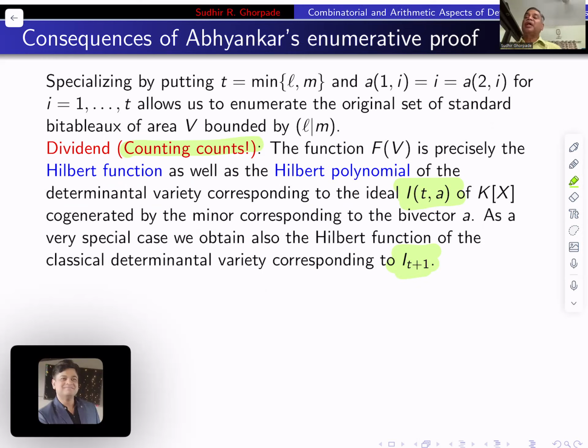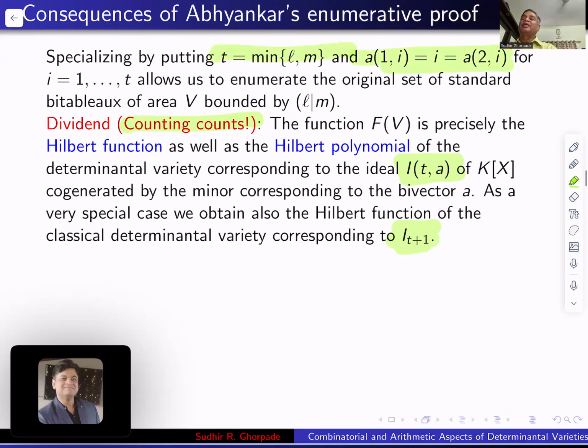A special case of that, when you take A to be this, will give you this determinantal ideal. And over the years, this particular ideal has gained prominence because it turns out it's the correct kind of generalization to look at. Okay, very good.